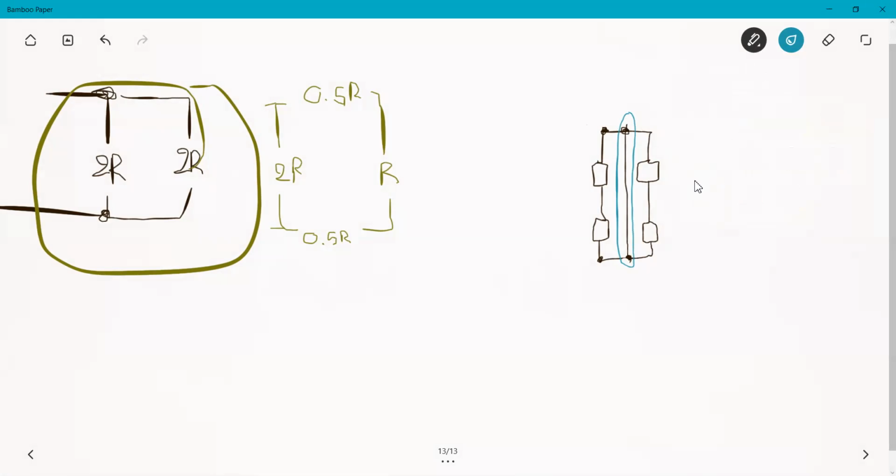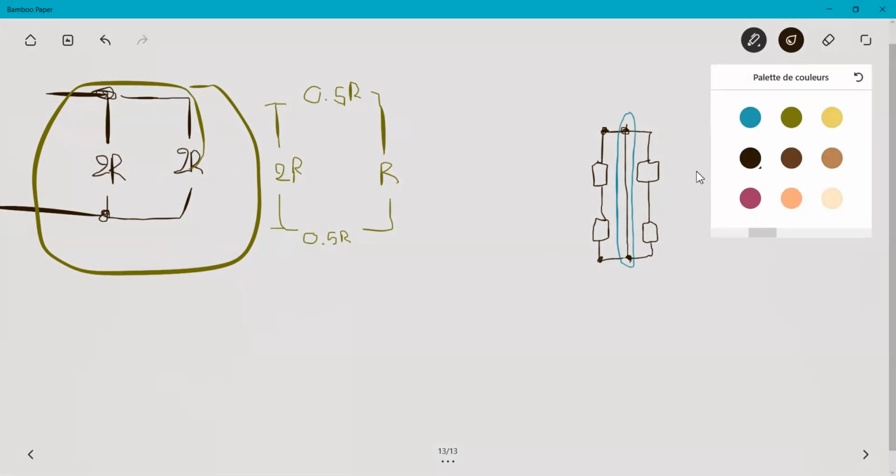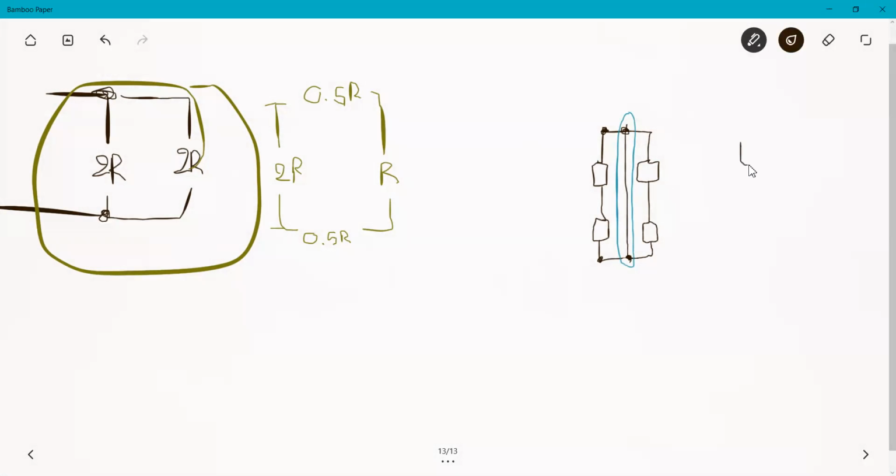And so when you have this kind of configuration, then you can merge them, which actually ends up with something like 1 point here, 1 point there.